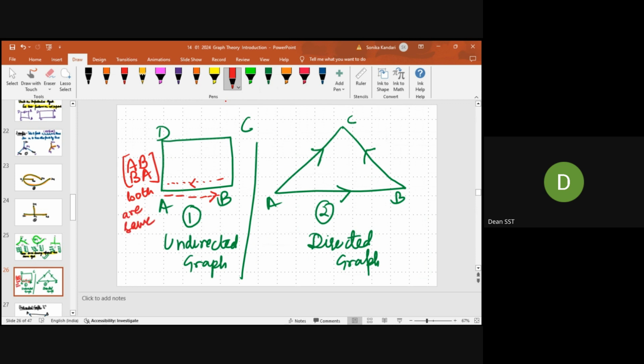But see here in diagram number 2, we can move from A to B because there is an arrow showing us the direction. But A to B is not B to A. We can't move from B to A because the arrow shows direction from A to B. So the second one is your directed graph and the first one is your undirected graph. Is it clear, class? Yes, ma'am.